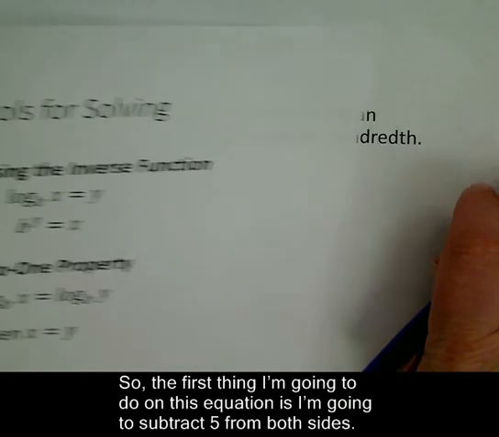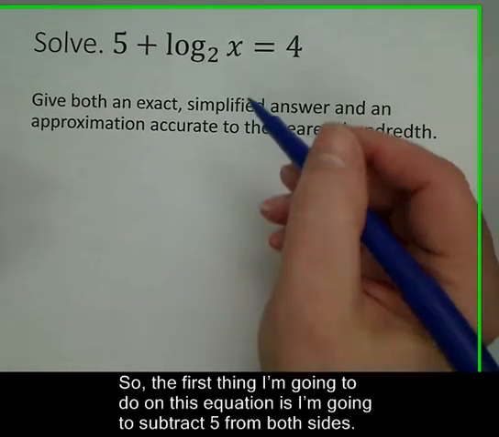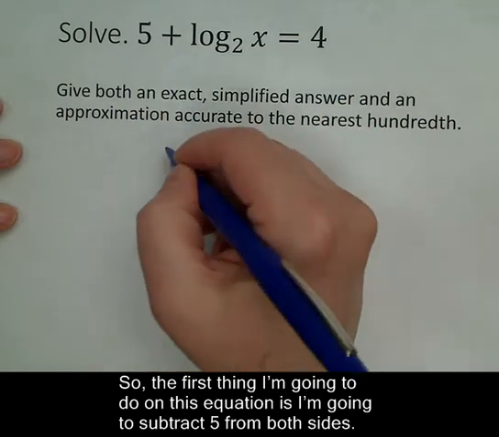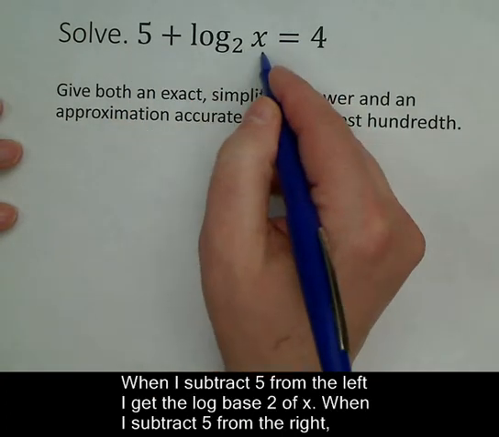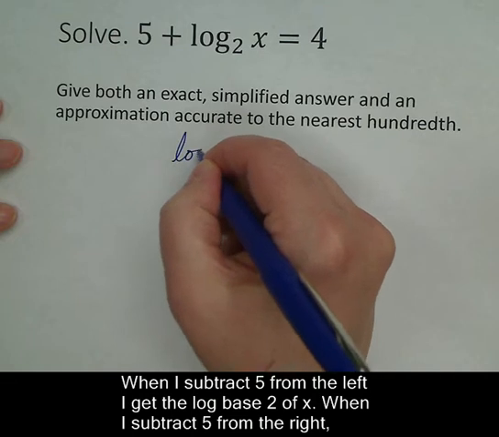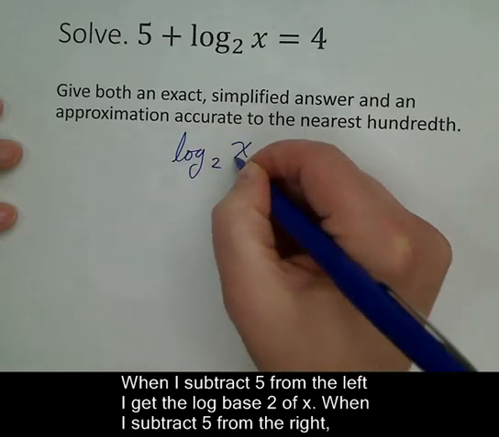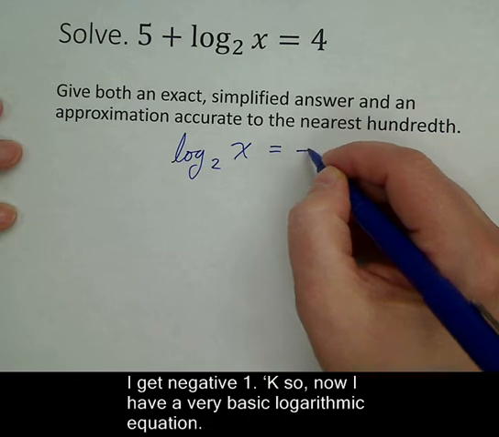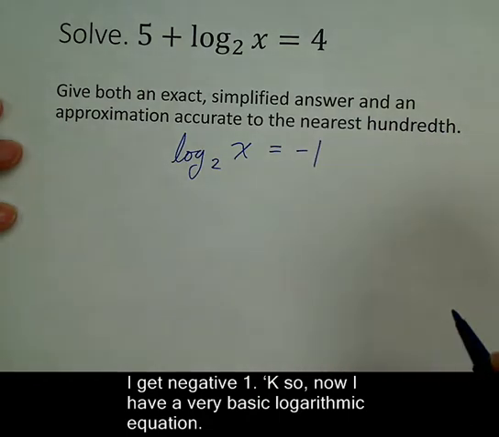Okay, so the first thing I'm going to do on this equation is I'm going to subtract 5 from both sides. When I subtract 5 from the left, I get the log base 2 of x. When I subtract 5 from the right, I get negative 1.